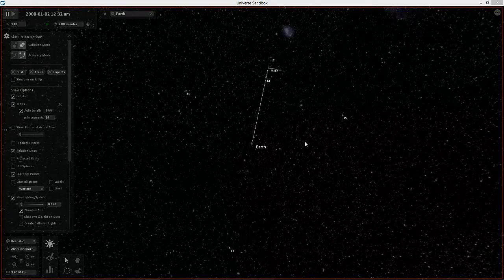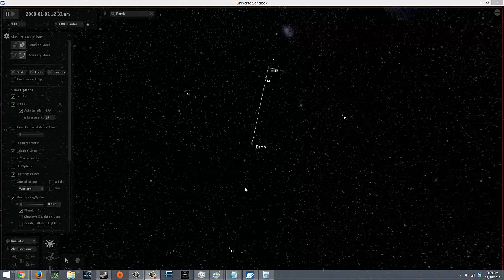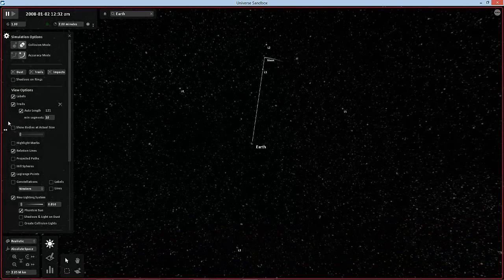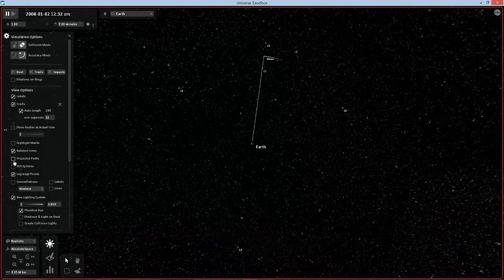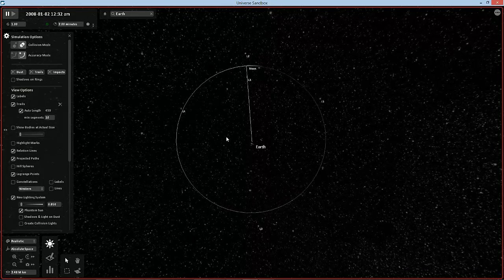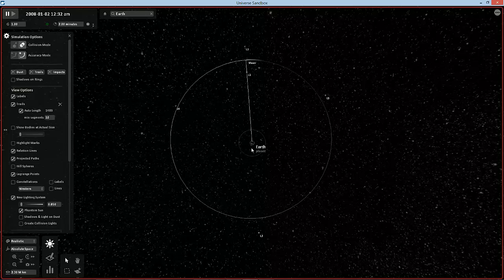Now, as far as Lagrange points, you have L1 or Lagrange point 1, L2, L3, L4, L5. Very simplistic. Let's actually turn this on so you can see. L1 is always between the central body, or the central point of relevance, and the object that you're dealing with.